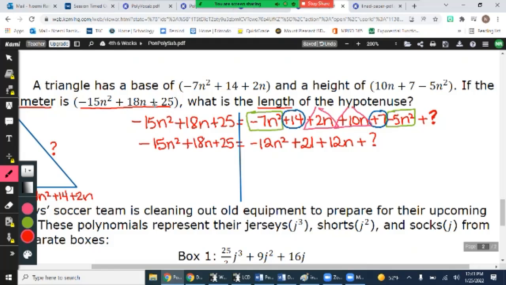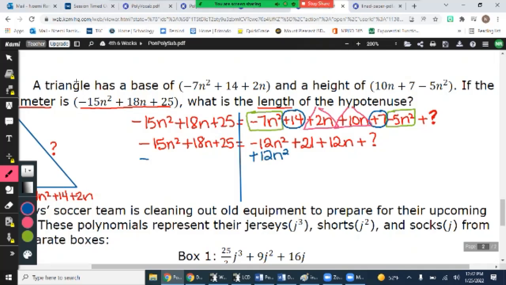Now, what was the last step that we did? How did we move those two combined sides back to the other side? We subtracted. And in this case, because this one is already negative, what do I need to do? Change it to a positive. It'll change to a plus 12n squared. And when I move 12n squared to this side, am I going to line it up under the 15, 18, or 25?